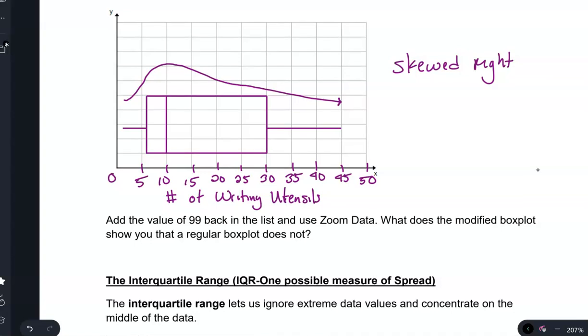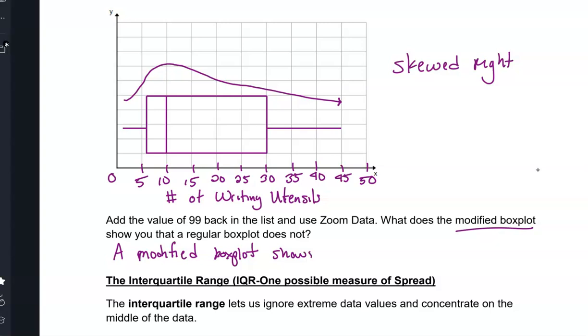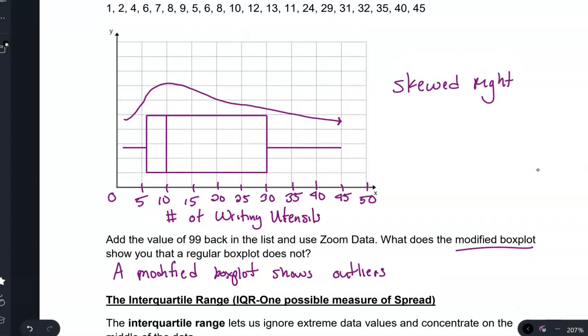And what's called a modified box plot is what shows you outliers. So we're always going to do modified box plots in this class.